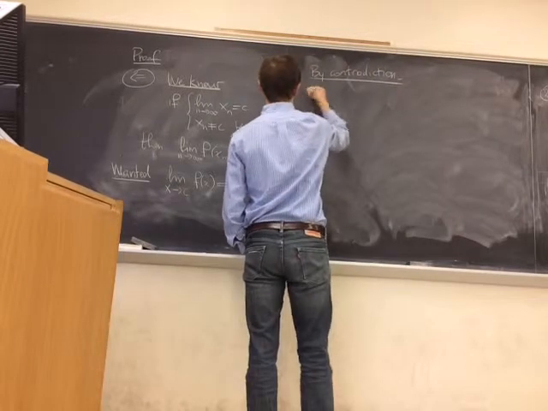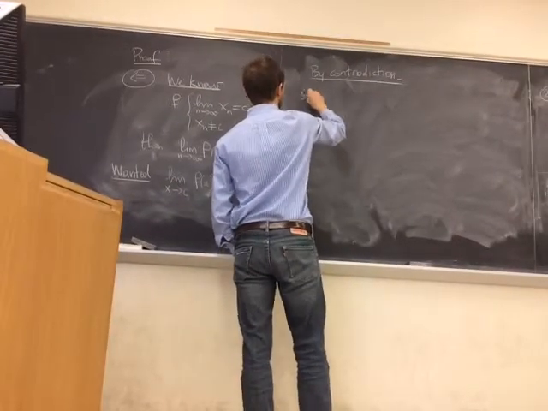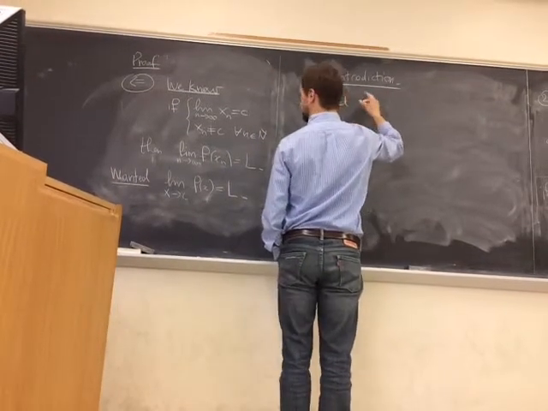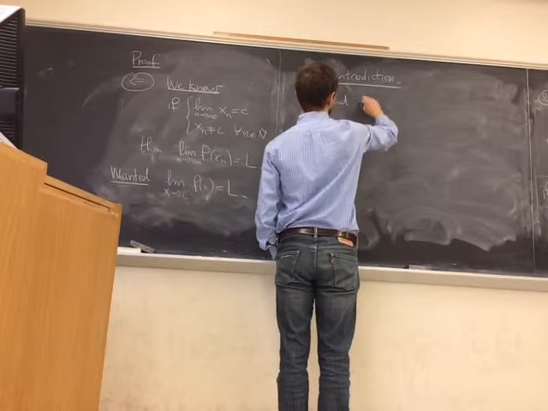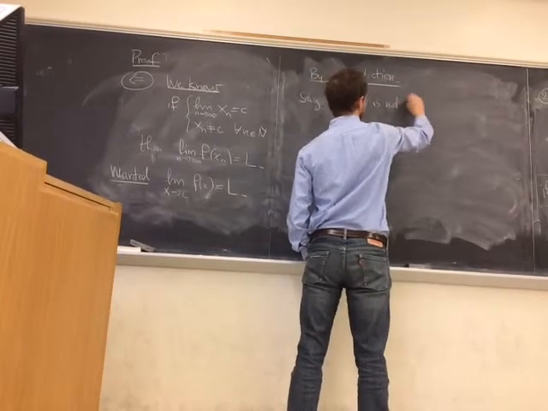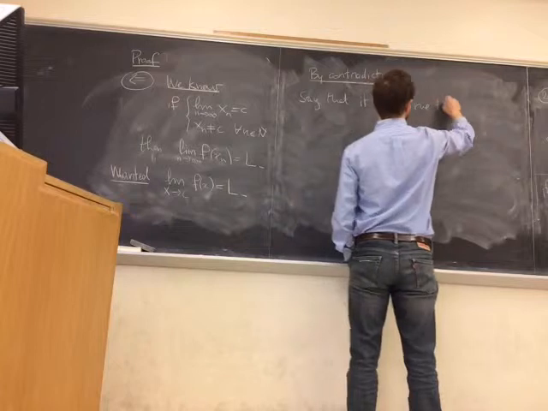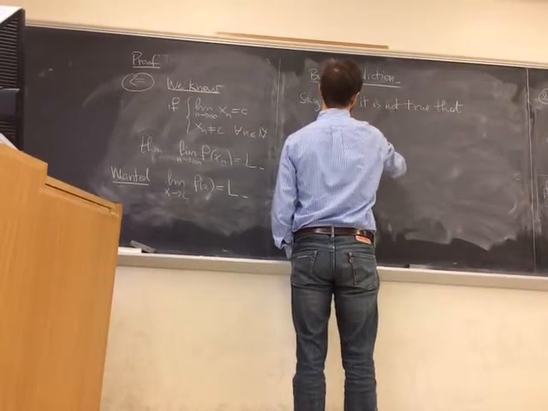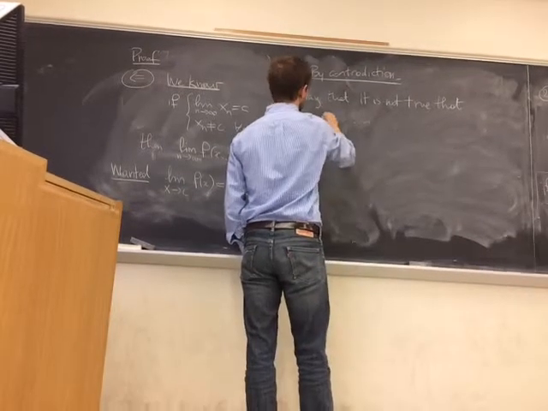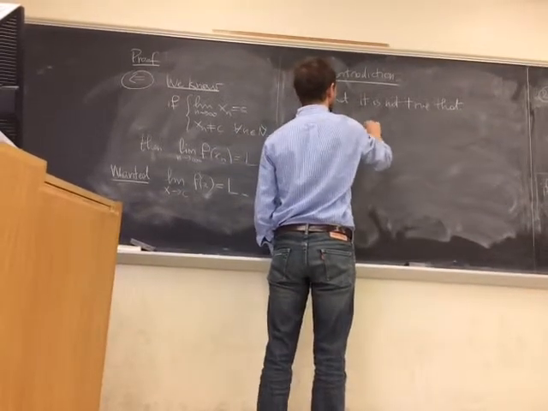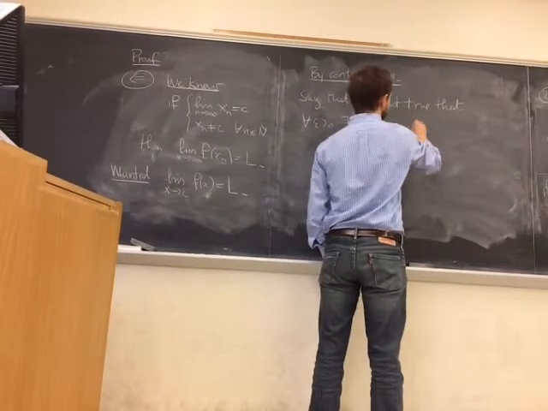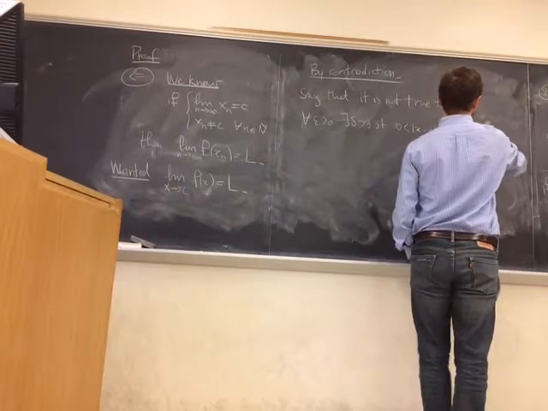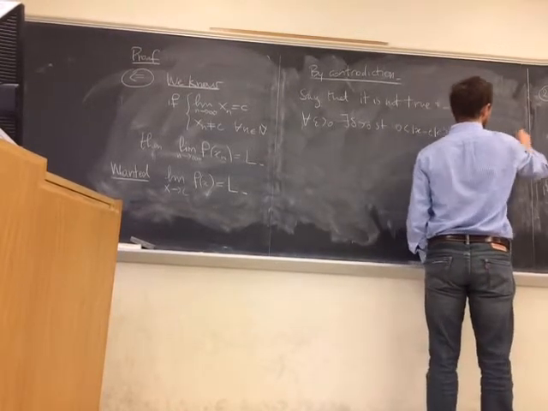As follows. So say that the conclusion is false. So it is not true that for every epsilon positive I can find a delta such that 0 less than absolute value of x minus c less than delta implies absolute value of f of x minus L less than epsilon.